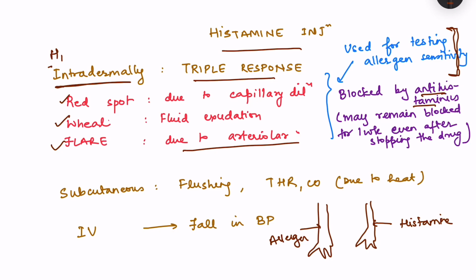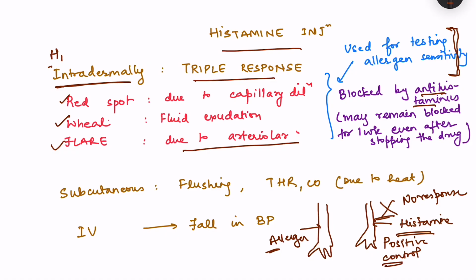That way, if the person is sensitive to the allergen, the body will respond. If with histamine there is no response, that means even if the person is sensitive, even if you give the allergen, there will be no response. So this histamine injection is acting like a positive control, checking for the body's responsiveness.